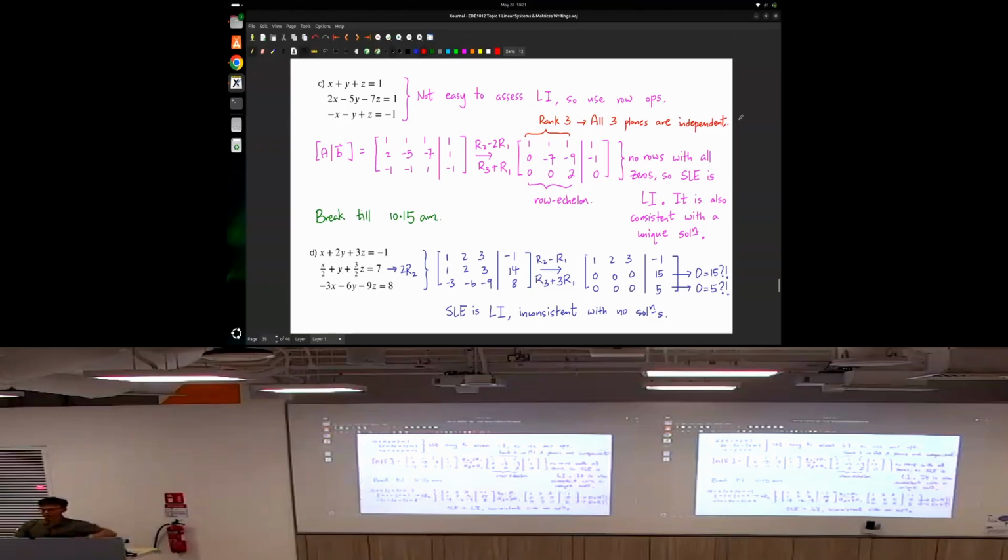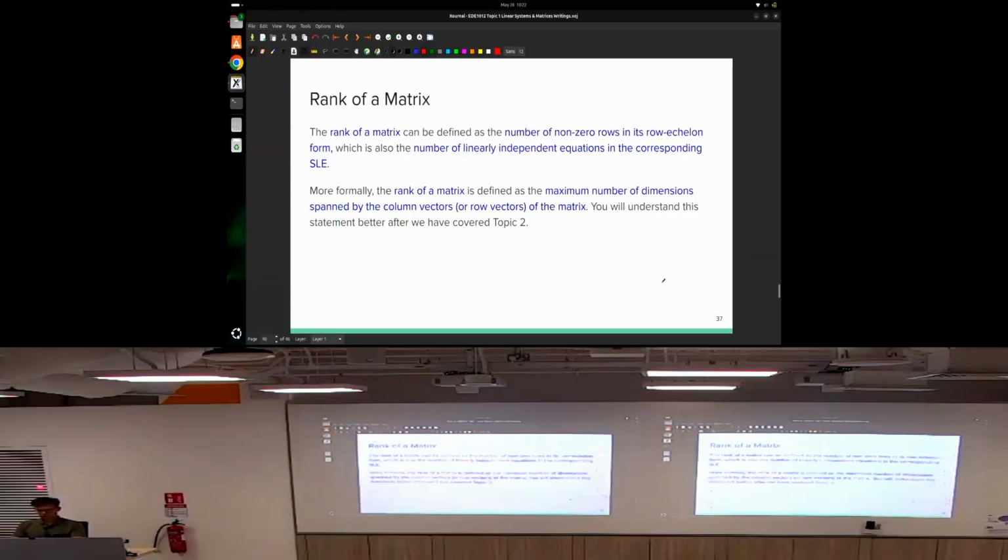Okay? So what about part D? Part D, you notice that you still have 3 planes, because you don't get any row with all zeros either. Can you see? Number of non-zero rows in its row echelon form.